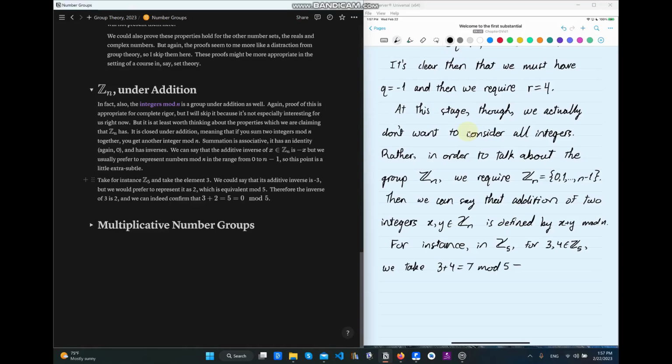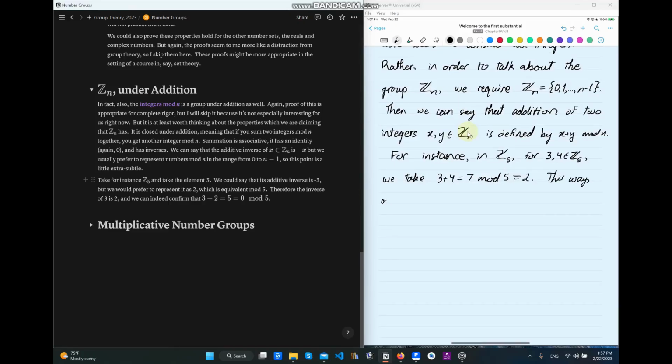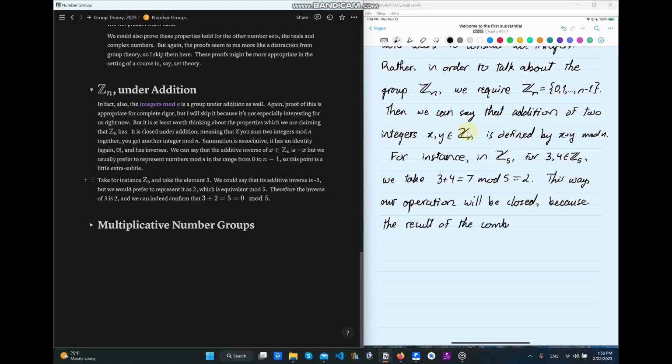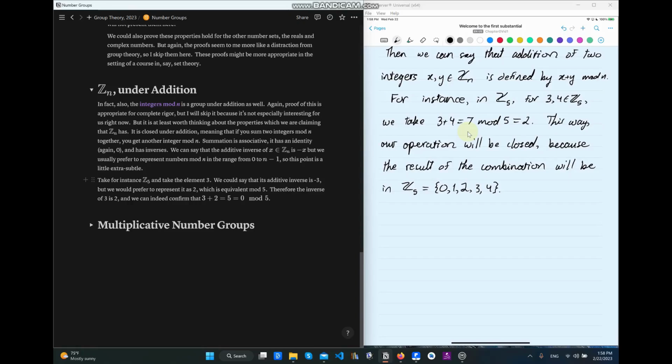Then we can say that addition of two integers x, y in the integers mod n is defined by x plus y mod n. For instance, in Z mod 5, for 3 and 4 in Z mod 5, we take 3 plus 4 to be 7 mod 5, which is 2. This way, our operation will be closed because the result of the combination will be in the set 0 through 4.